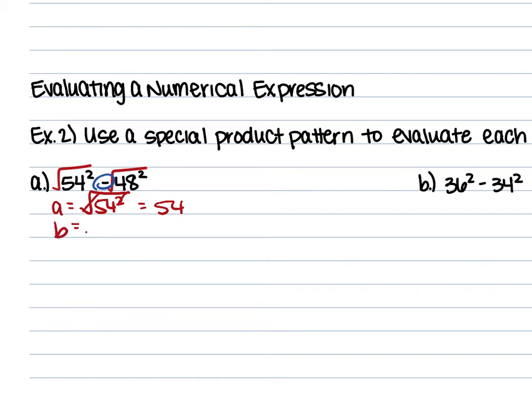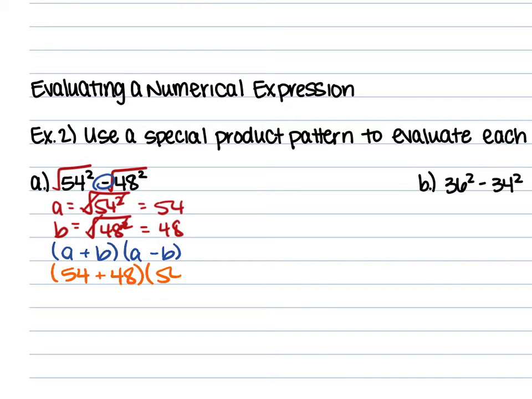Our B is the square root of 48 squared, which is just 48. Again, if we use the difference of squares formula, so A plus B times A minus B, we can solve this a little simpler. So this is going to give us 54 plus 48 times 54 minus 48.